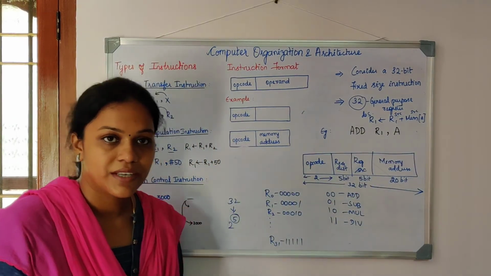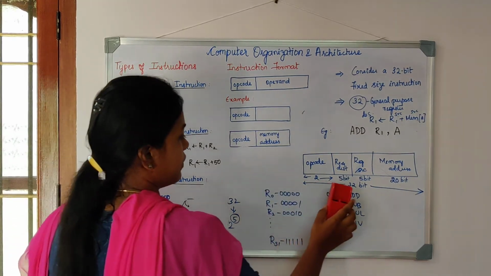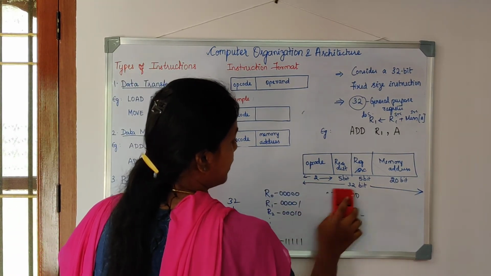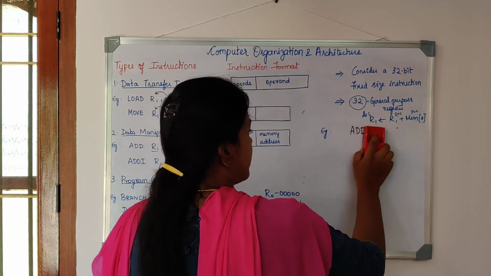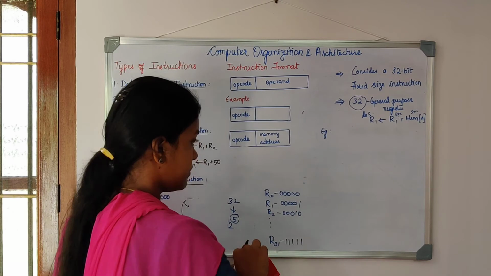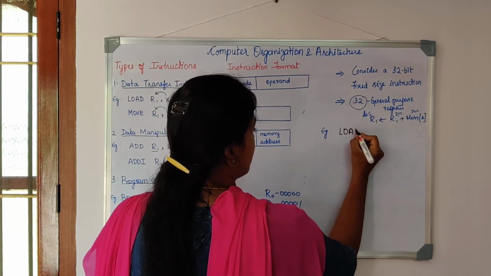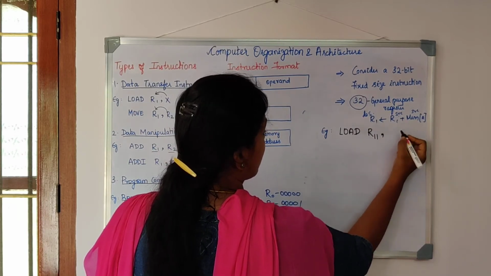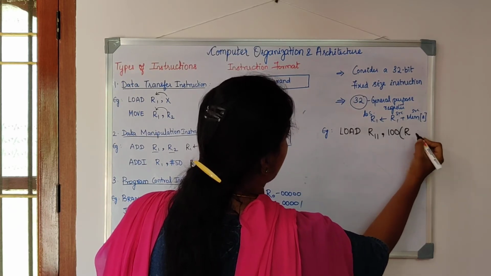We'll take one more example and see what can be written. So this is, I'll run this again. Load R11, 100 R2.